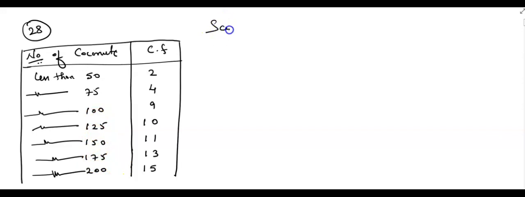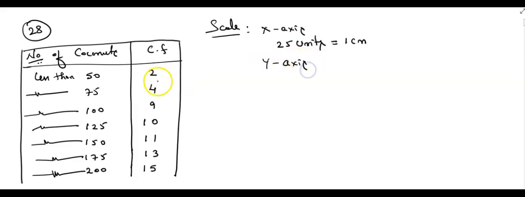So what can we do? We can take the scale. X-axis, 25 units, whatever they have given, these all are units. 25 units is equals to 1 centimeter. Similarly, y-axis 2, 4, 9, 10, 11, 13, 15, it's in the form of 2, 2, 4.